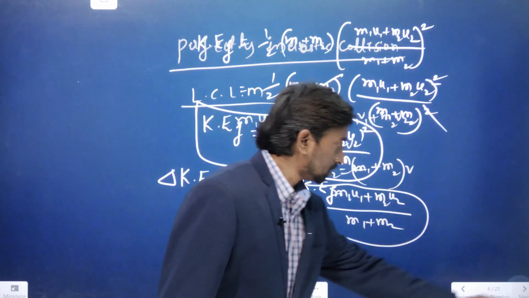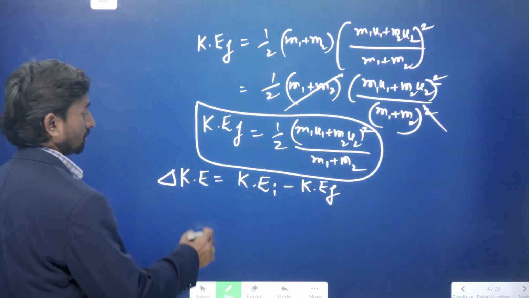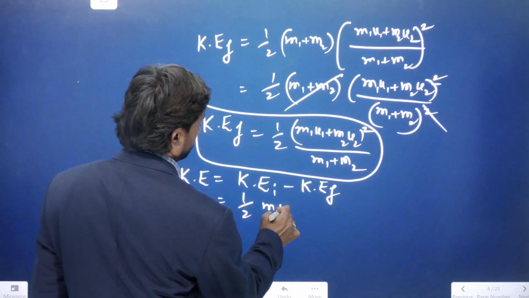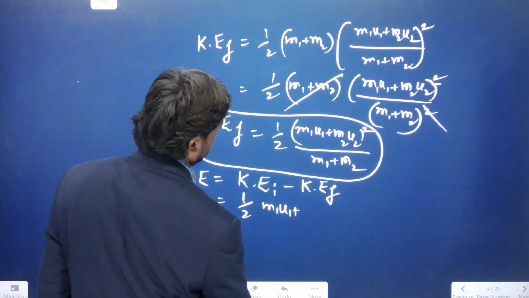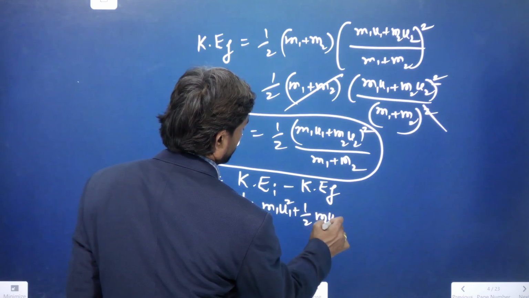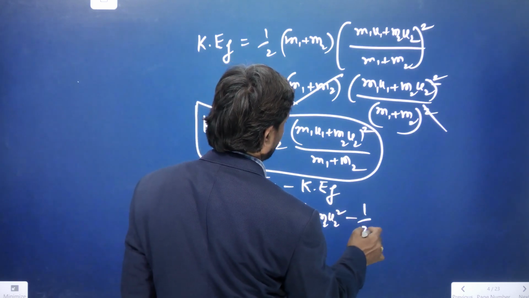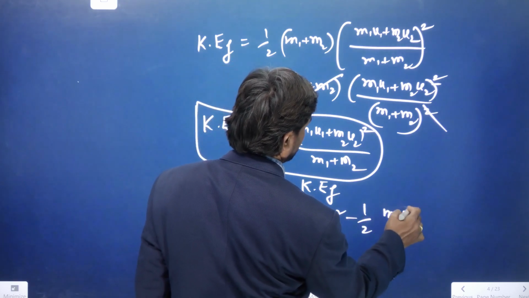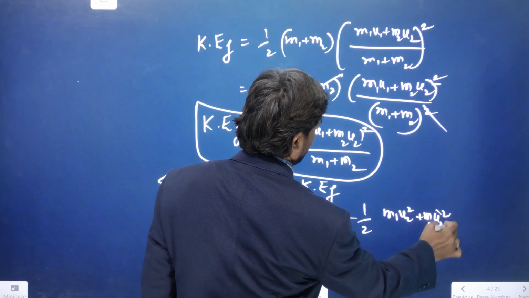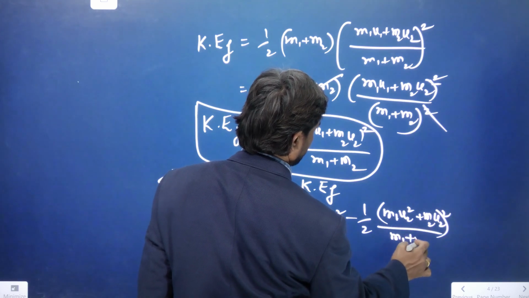And the final kinetic energy, what we got here? This will be the final kinetic energy. Substitute here now, we have to simplify that, and we'll get the answer. So half m1 u1 square plus half m2 u2 square, minus the final kinetic energy, half into (m1 u1 plus m2 u2) whole square divided by m1 plus m2.